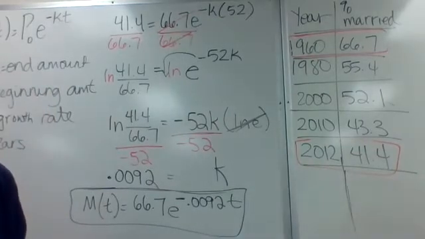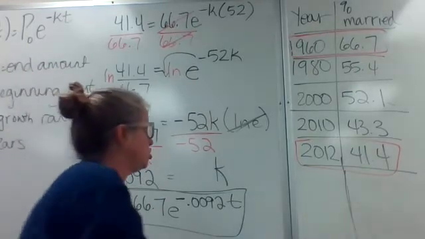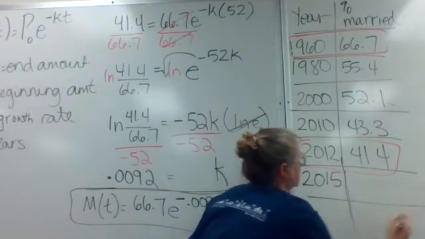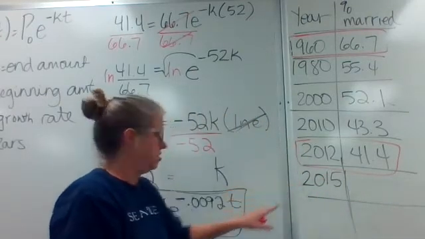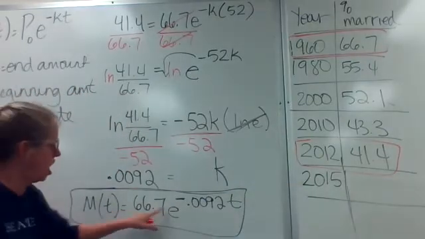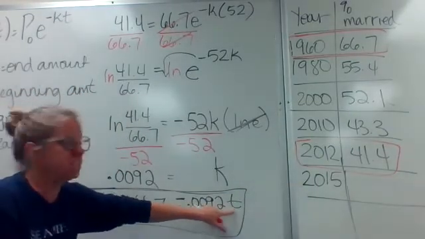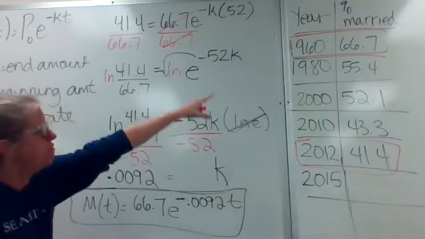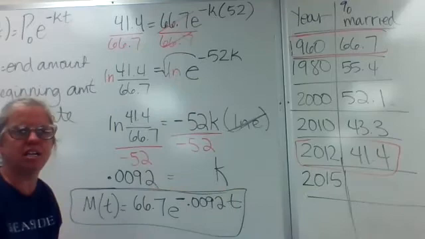Because the next question says, estimate the percent of adults who are married in 2015. So now I know all of this, I need to plug in for this T, which means how many years from the beginning is 2015?